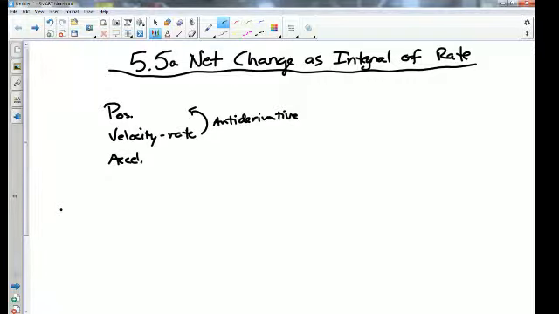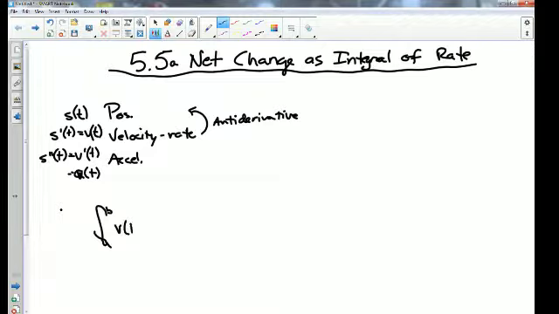Basically, you remember how we note these. This is the derivative, which is velocity, and this is the second derivative. So what we have here is some integral from a to b of a velocity or a rate.